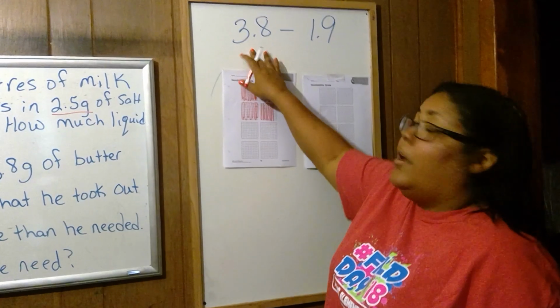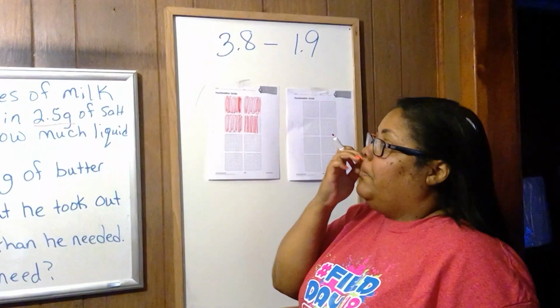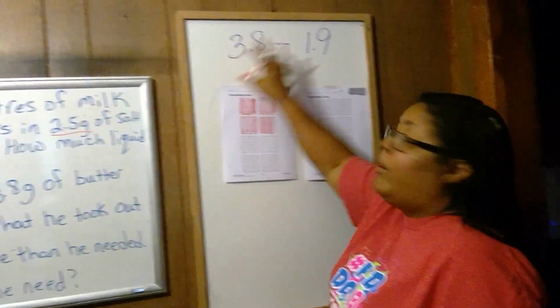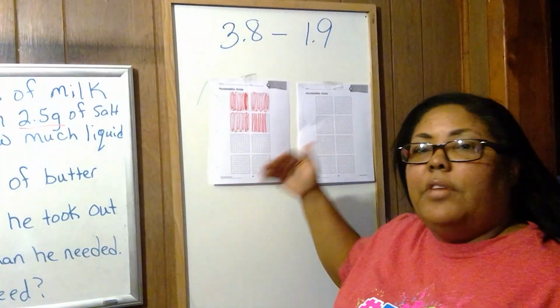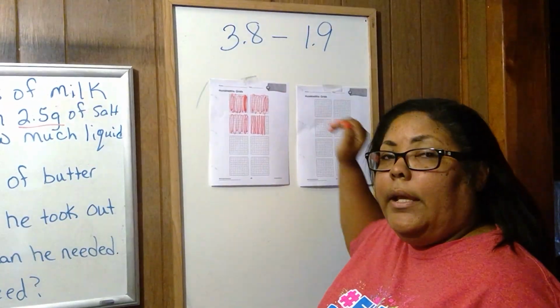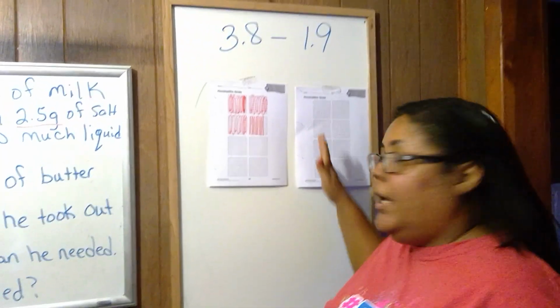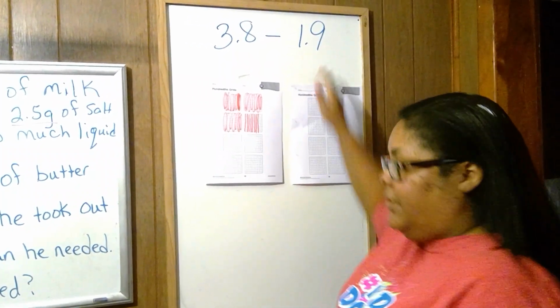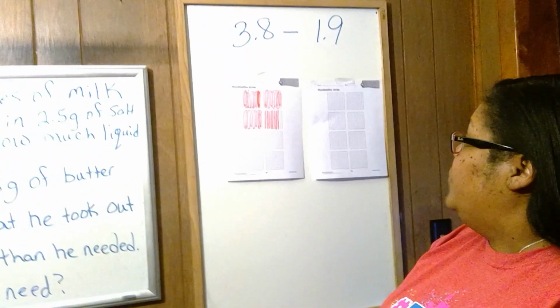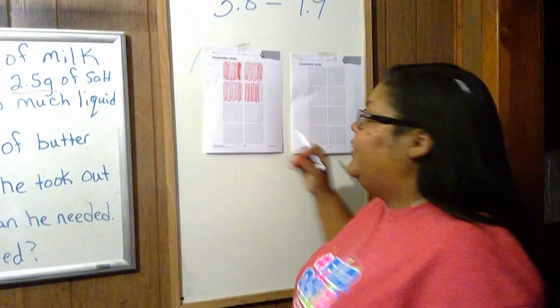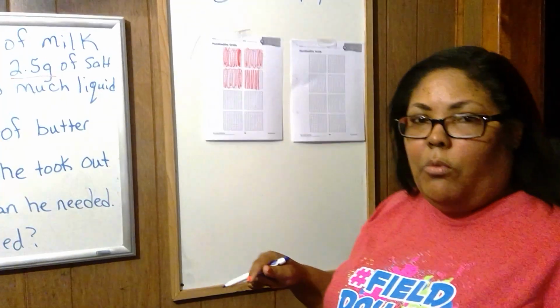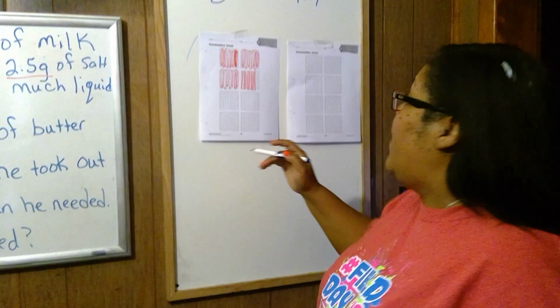So now I have modeled my first number in the problem, which is 3.8. Now I'm going to take away 1 and 9/10, which is 1 whole and 9/10. So again, I'm going to use a different color marker. I'm going to use blue. But instead of adding to it, like we did in the first problem when we were adding decimals, I'm going to subtract.